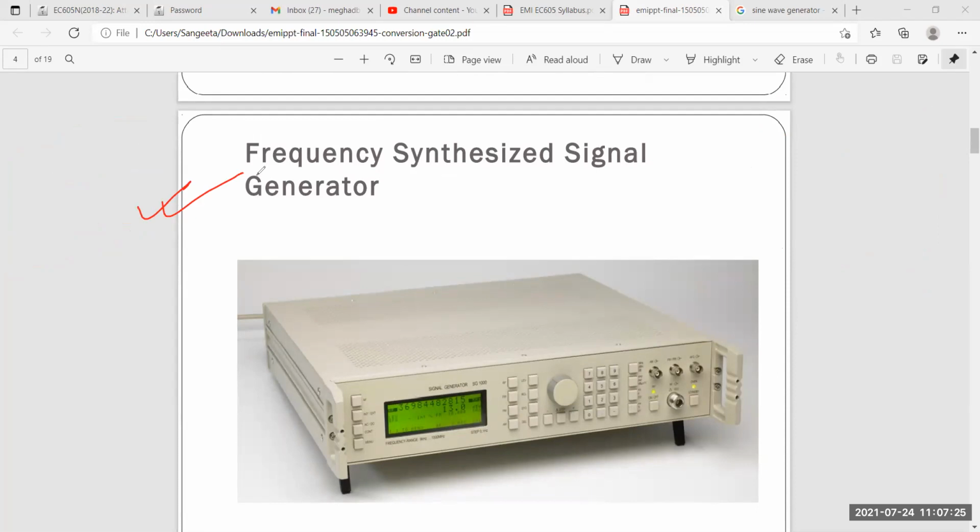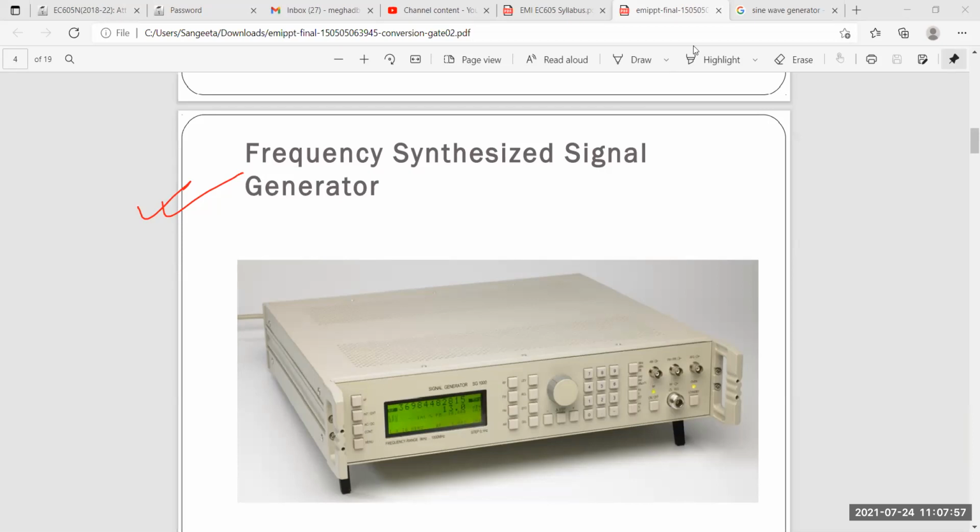I haven't seen a frequency synthesized signal generator in my lab when I did my BTech and instrumentation lab. So this thing is very optional. Mainly we use the CRO, that's an all-purpose device, and these are very optional devices. Some labs keep this device, some labs don't.